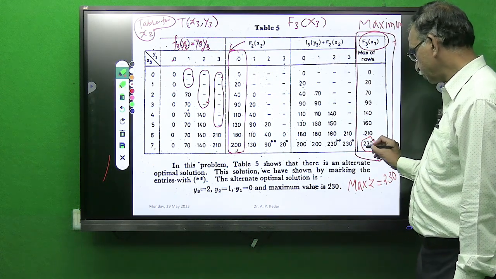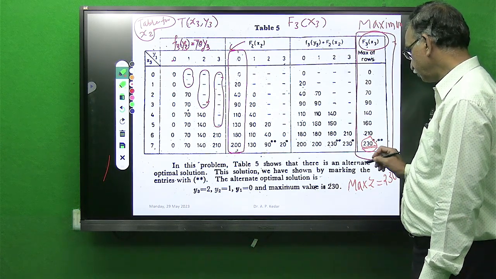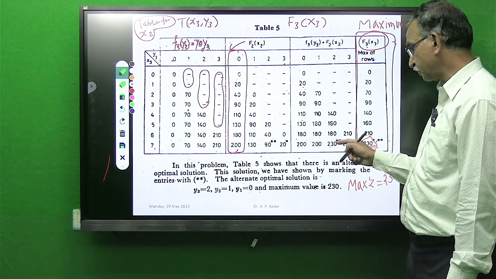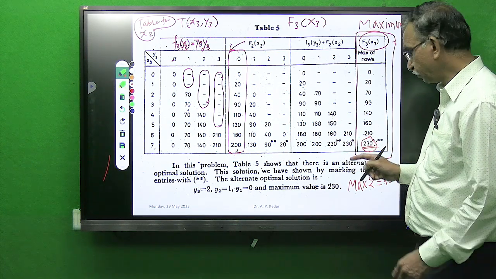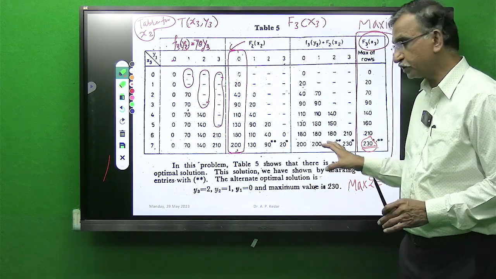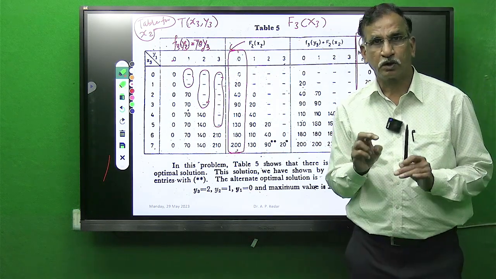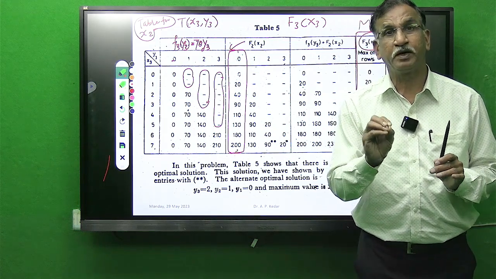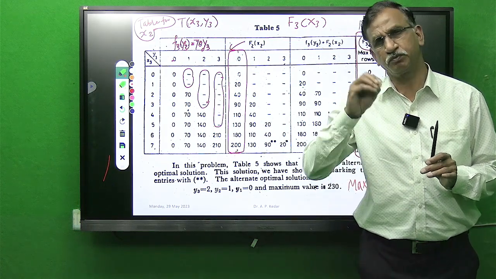See, this 230 you may get from this as well as this. In this situation, what we can conclude is this problem has multiple solutions. It is very much true.